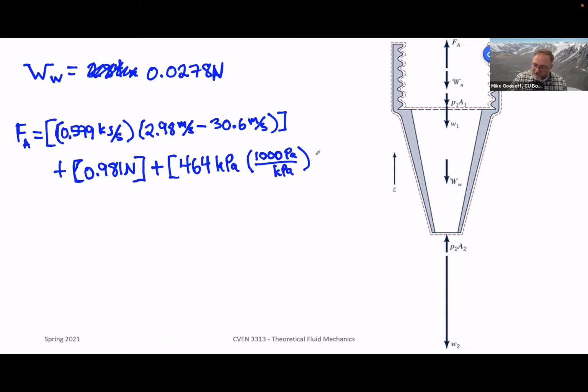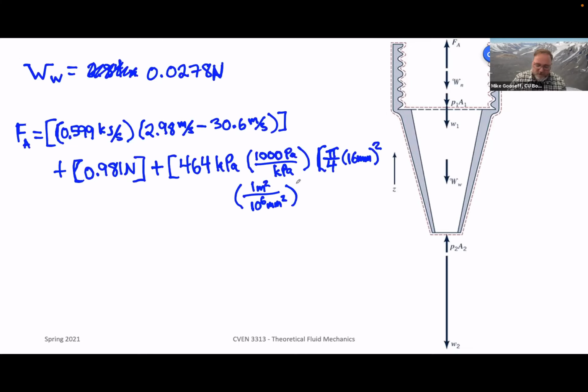And then we multiply by the area, which is pi over 4 times d squared, which is 16 millimeters, that diameter squared. Then we just need to convert 1 meter squared is equal to 10 to the 6th millimeters squared, right?